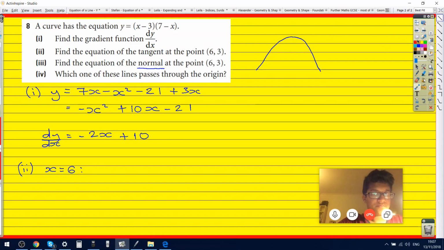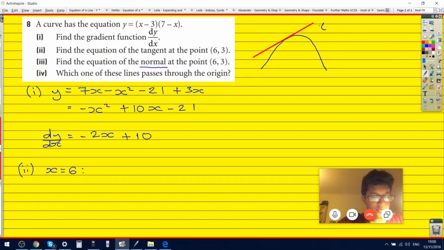What form will our answer take? It would be ax squared plus b plus c. The equation of a tangent? Oh no, just something x plus something. So ax plus b.